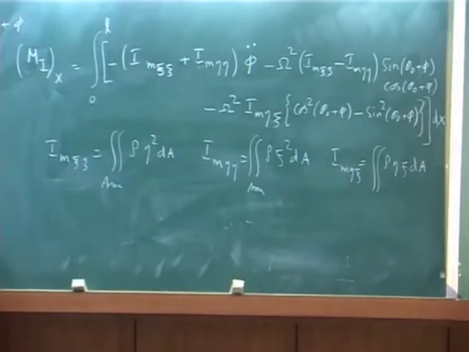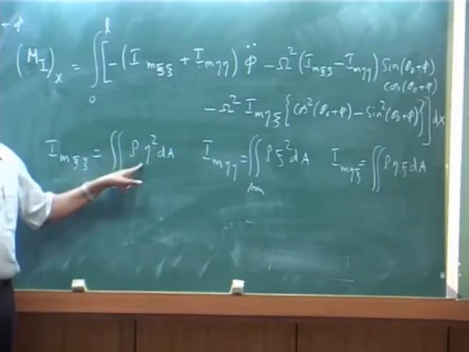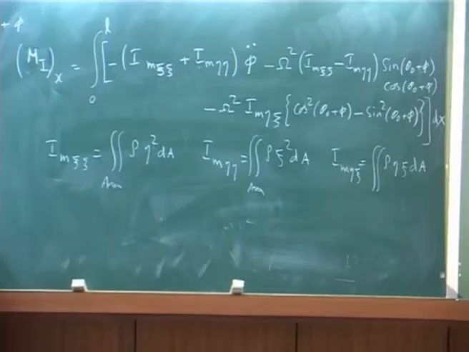Okay, these are the cross products. Now you see this, psi is eta square. Please understand. This is like your area inertia. This is now the mass moment of inertia per unit length. That's all.